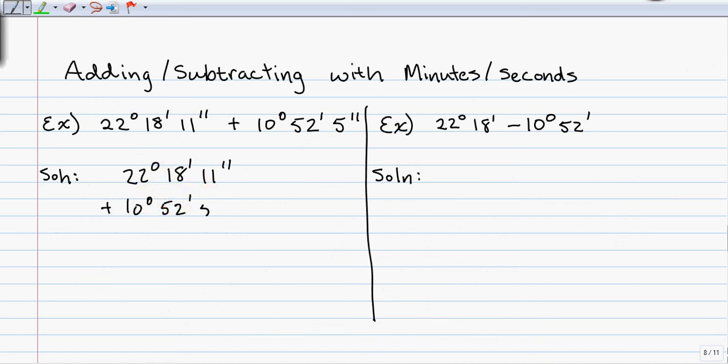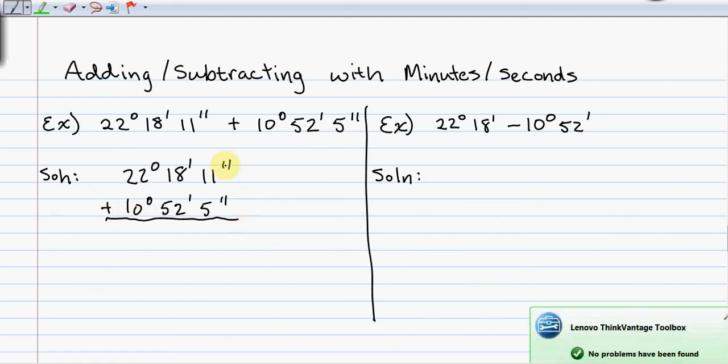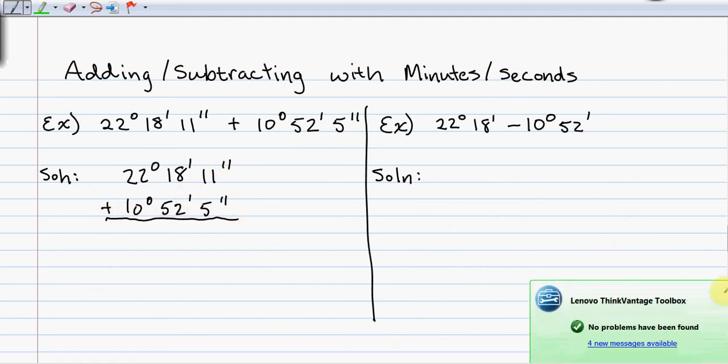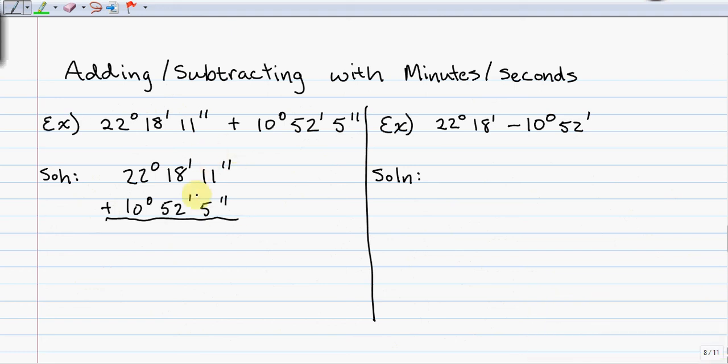Okay, so I'm going to put the minutes on top of the minutes, the seconds on top of the seconds, degrees on top of the degrees. And we want to start over here on the right, okay? And 11 plus 5 is 16 seconds. Okay? 18 plus 52 is 70, so 70 minutes. And 22 plus 10 is 32 degrees.